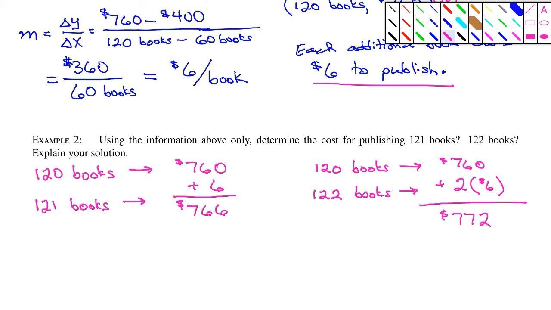And so the explanation is basically what we have above. Each additional book costs $6 to publish.